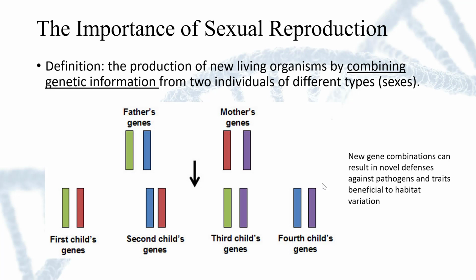It's way easier to reproduce asexually. You can just grow a little bud of yourself, or you can have some sort of structure that allows you to reproduce asexually, have a little clone. It's way easier. With sexual reproduction, there's more involved in the whole process.